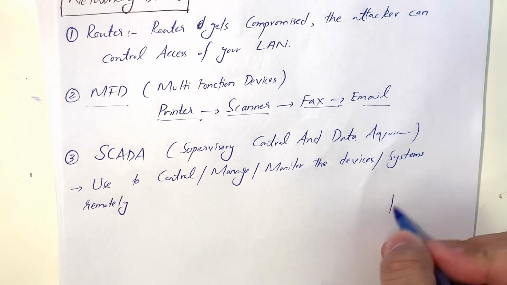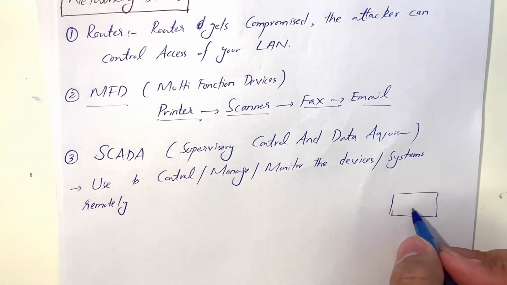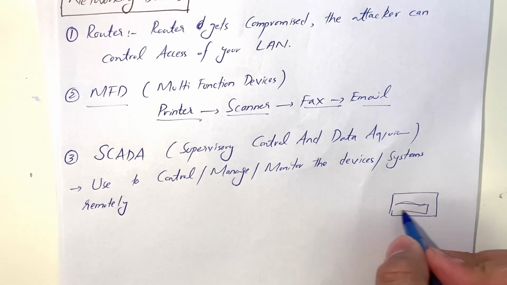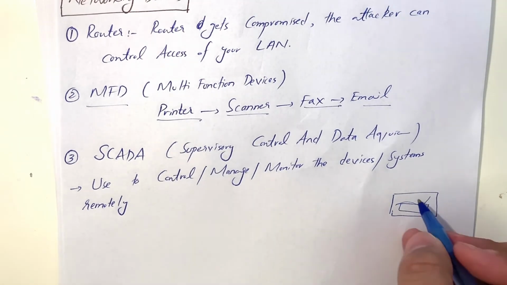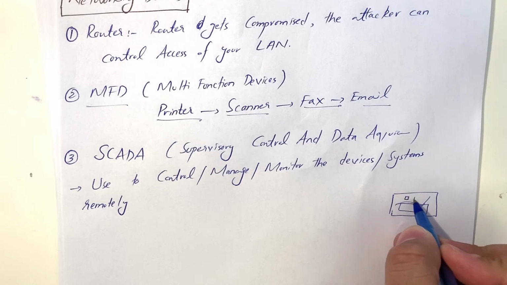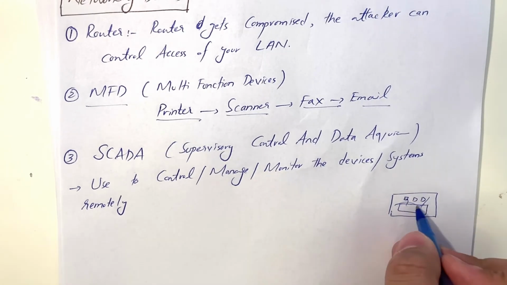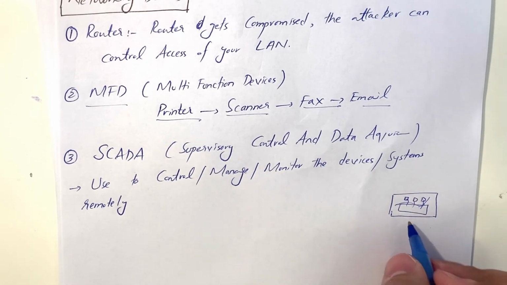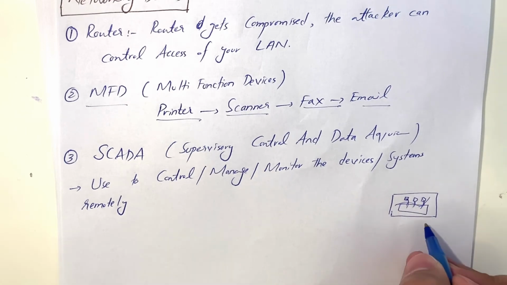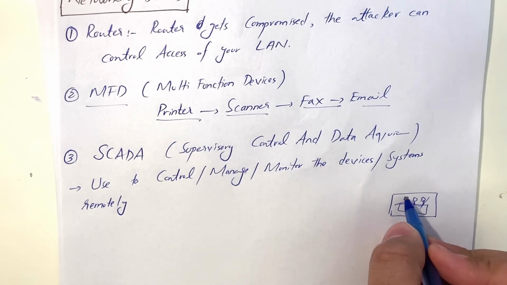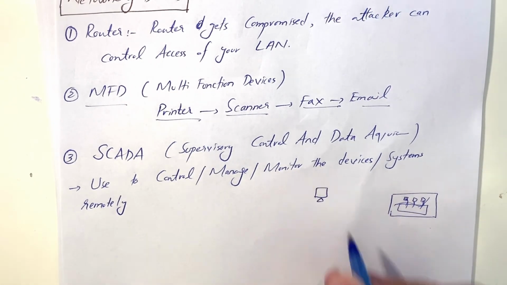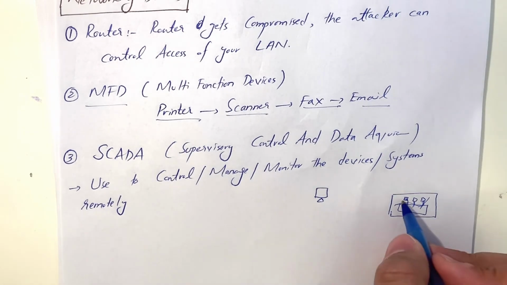For example, this is your power grid station, let's say a hydraulic powered grid station which produces electricity. There are basically some sensors which are communicating, through which they are controlling, and we can monitor and control remotely by using this SCADA system.